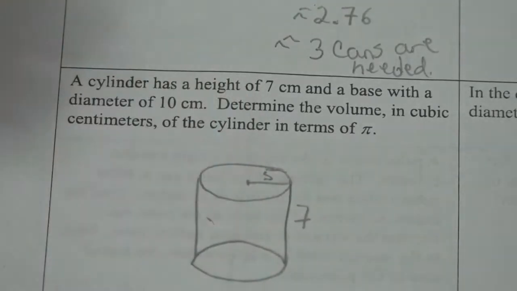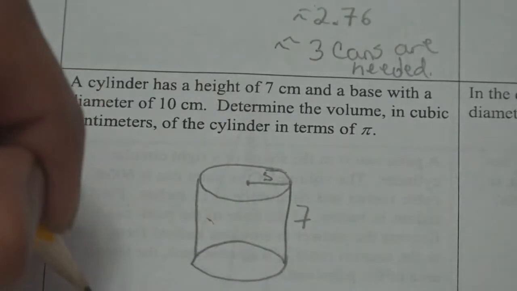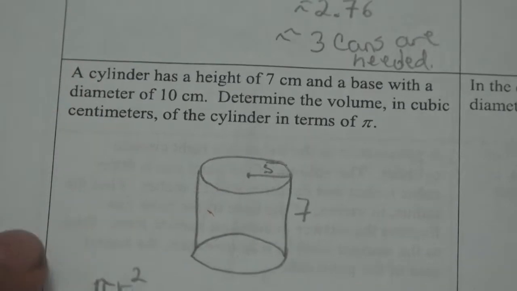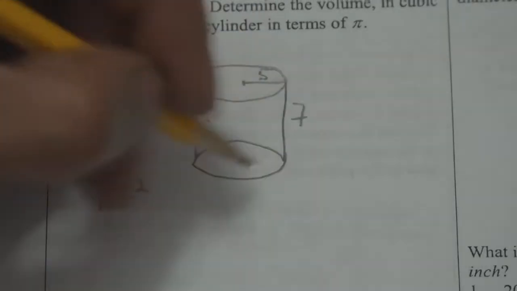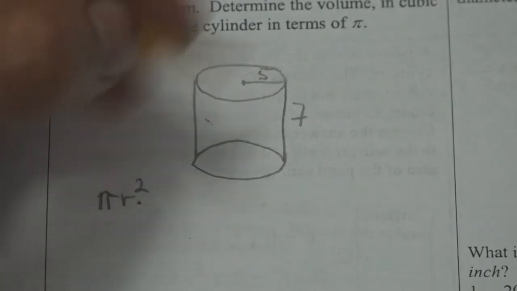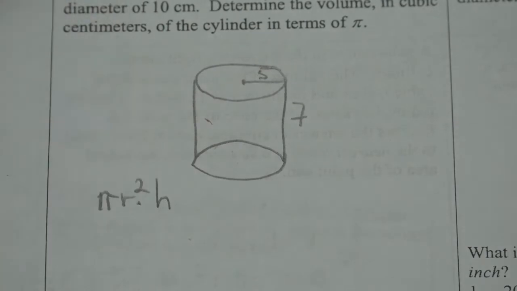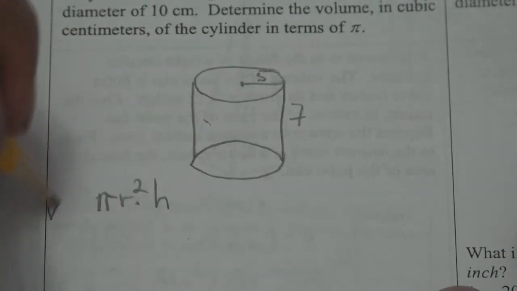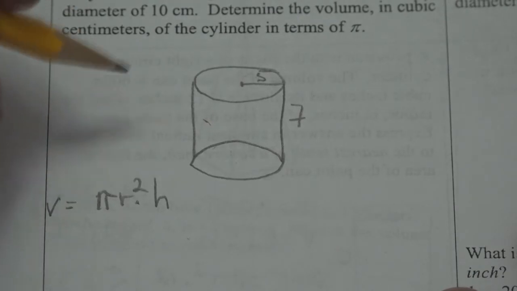And now determine the volume. Well, what is the volume of a cylinder? Remember, the area of the base, which in this case is a circle, so it's pi r squared, right? Sorry, pi r squared times the height. Length times width times height, area of the base times height, it doesn't matter. So that is the volume. So let's do this.